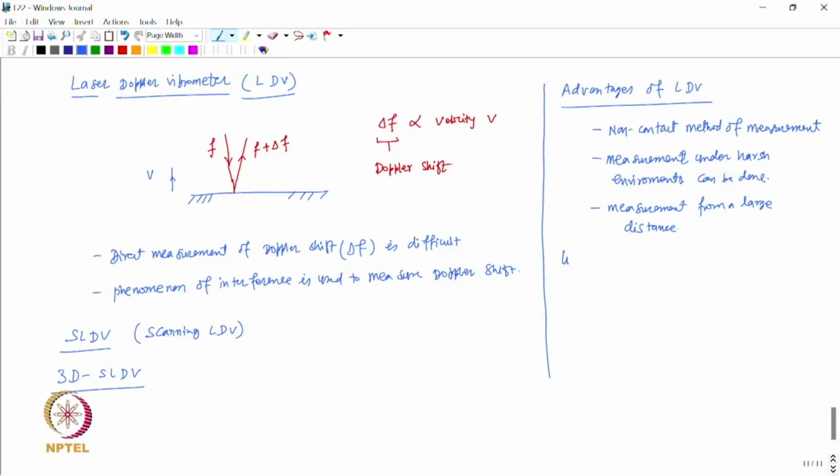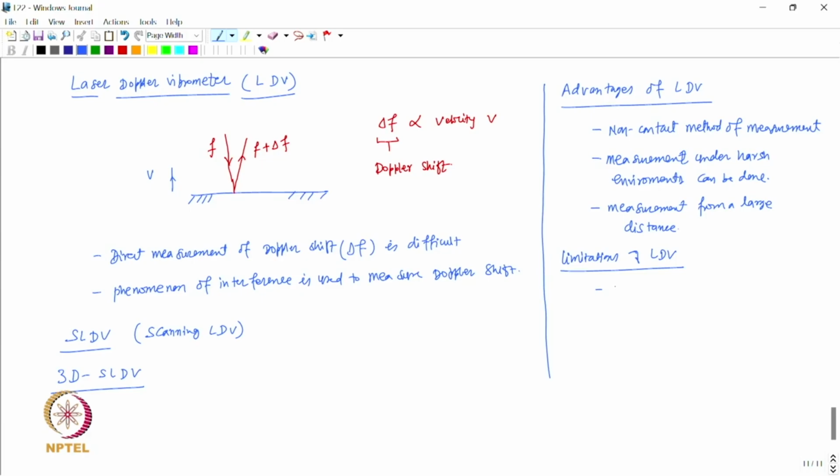So there are some limitations. First, the surface has to be a polished surface, because the beam should reflect from that surface.